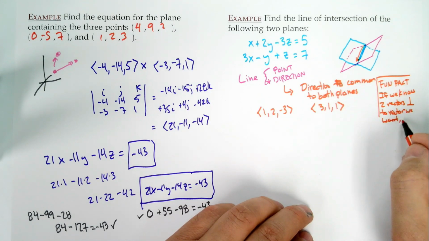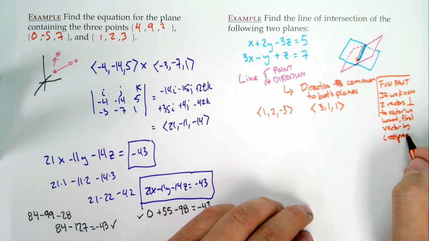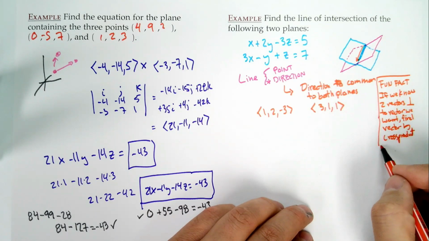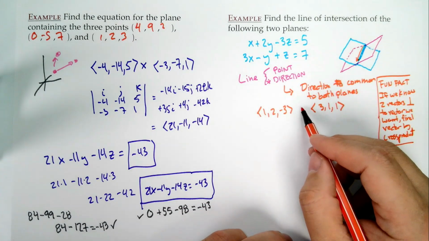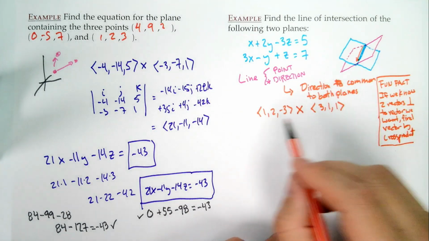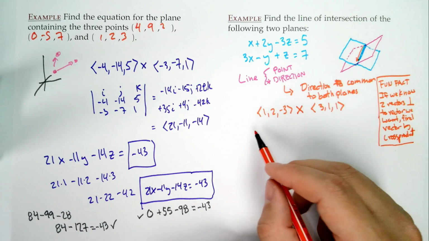And the way we do it is by the cross product. All right, so there's our fun fact. Good piece of information to know. So if we have 2 vectors that are perpendicular to the vector we want, we cross them together. That gives us the direction we're after. Therefore, take the cross product of these 2. That gives us the direction of our line.